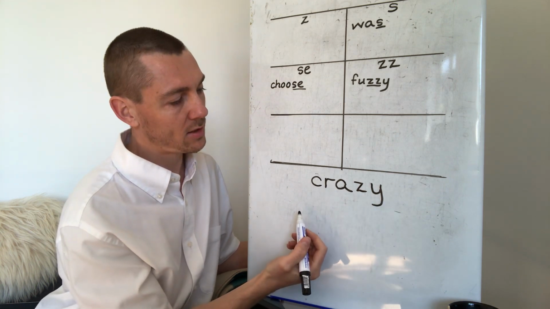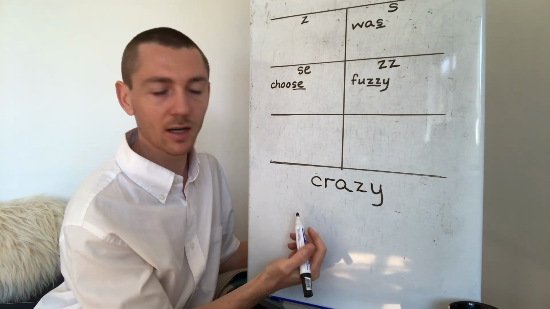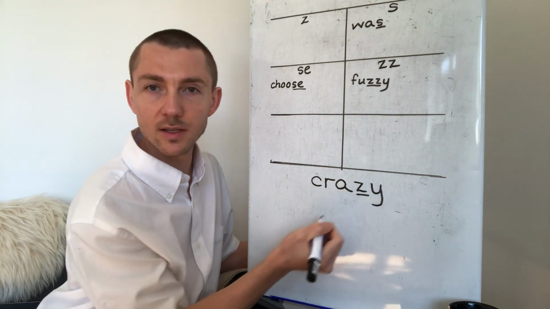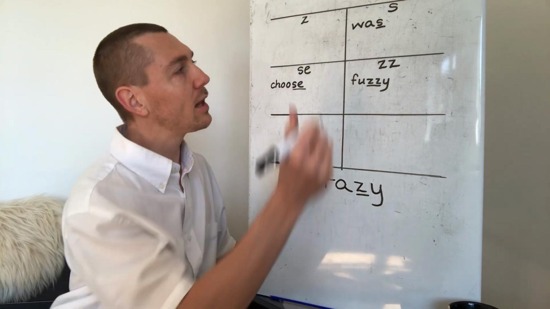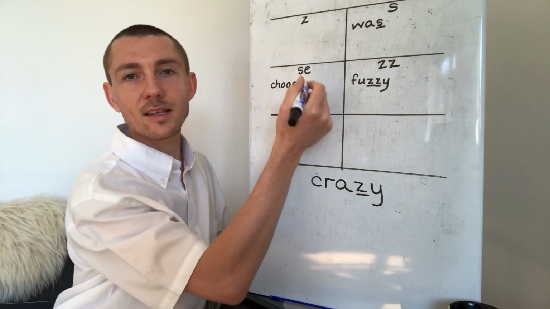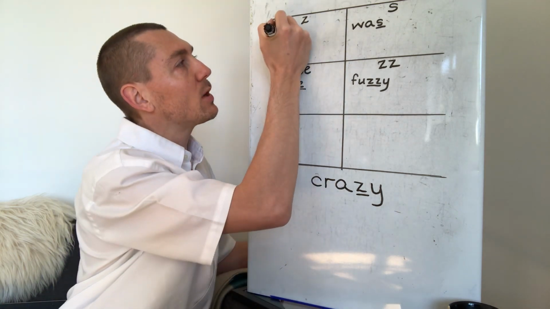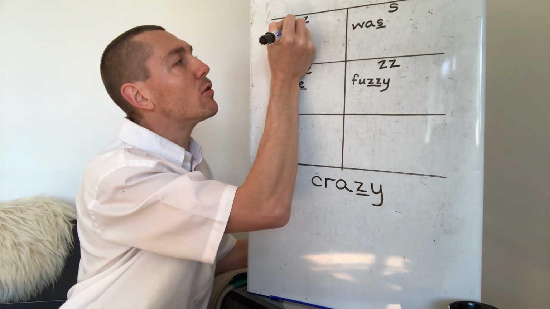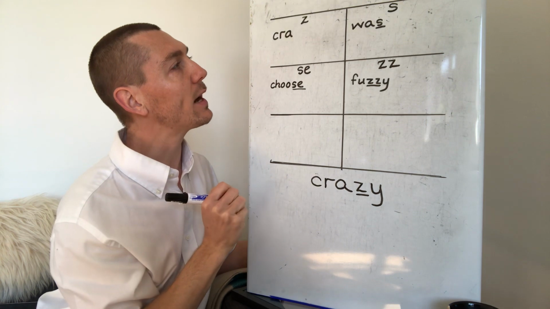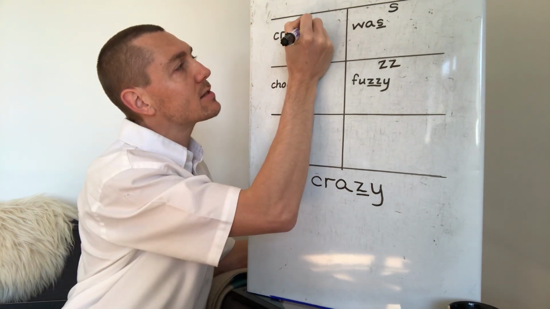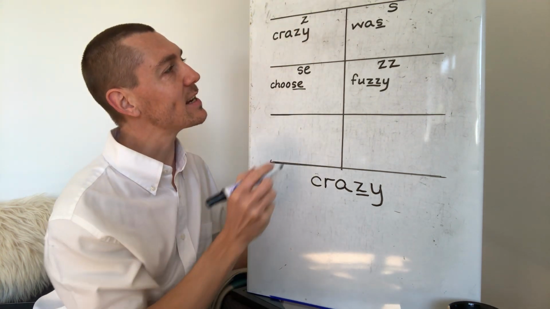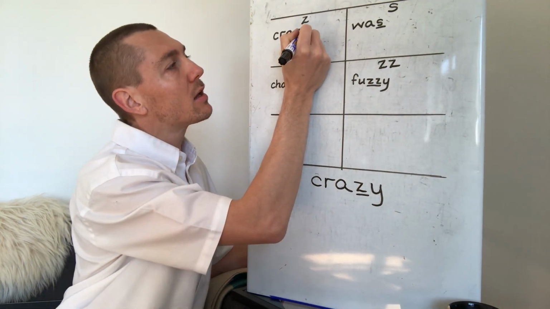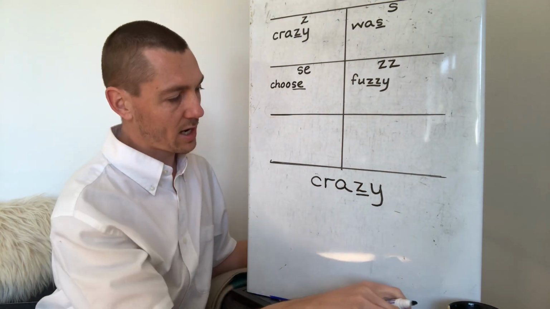Crazy. And I think we might be in luck here because we've got the Z on its own spelling of Z. So, let's build the word. Remember, say the sounds to build the word, say the sounds to read the word. Cray, Z, E, crazy.